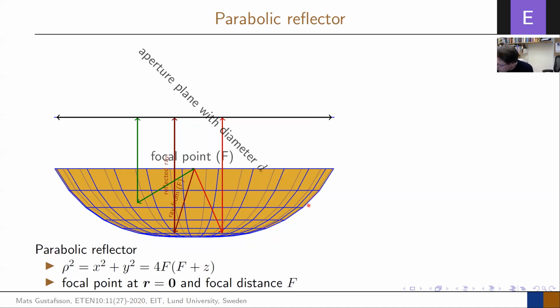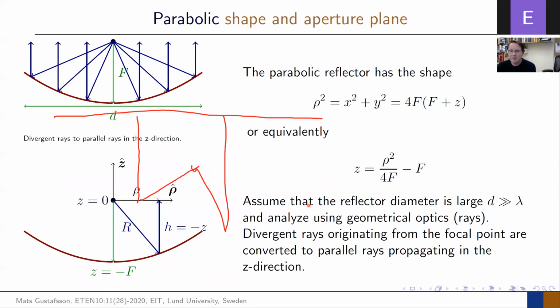Propagating from this one, the ray can take this path. If it takes this one, it goes down and goes up there. If I compare those two lengths, down and up, and add them, it's always the same wherever it hits this parabolic reflector. That means I get uniform phase, the same phase everywhere.